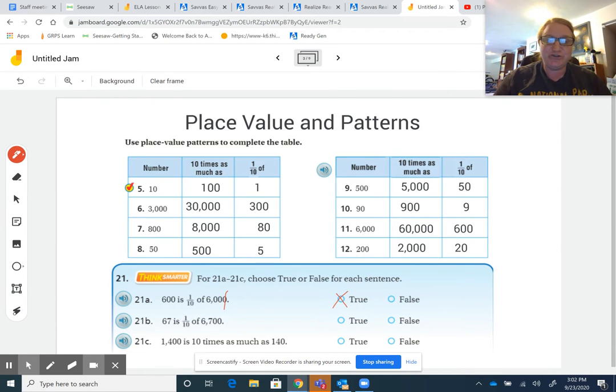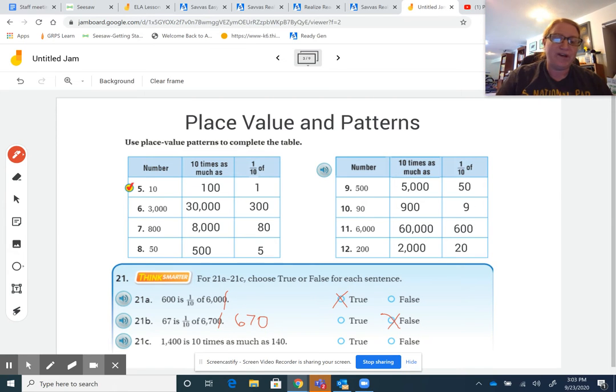So that is true. And then the next one, 21B, says 67 is 1/10 of 6,700. So we're doing 1/10 again. We need to get rid of 1 zero, but what I see left over now is 670. So it's not 67, it's actually 670. So that one is false.